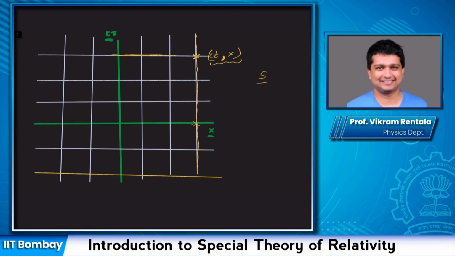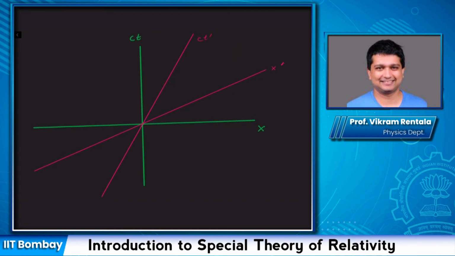Now let's see what this looks like for an observer in frame S prime. So the first thing that we have to do is, on the same space-time diagram for observer or frame S, we draw the axes of observer S prime.